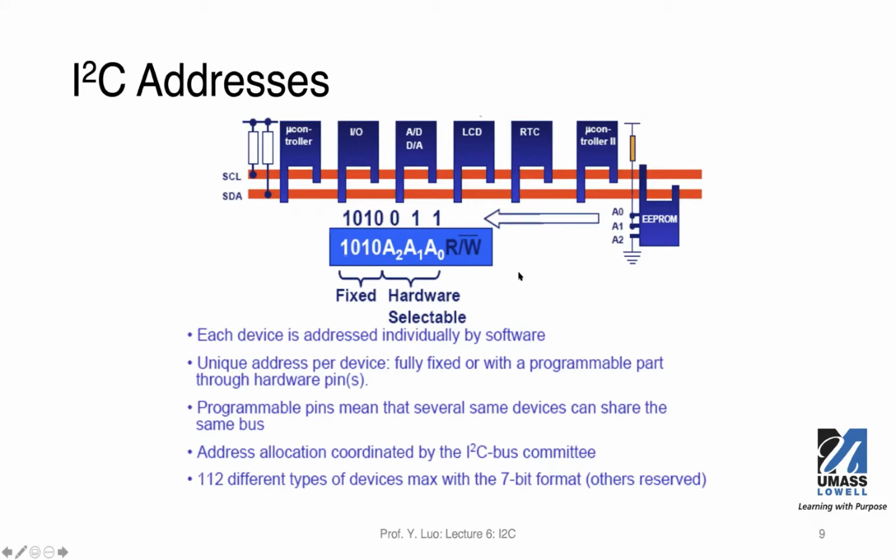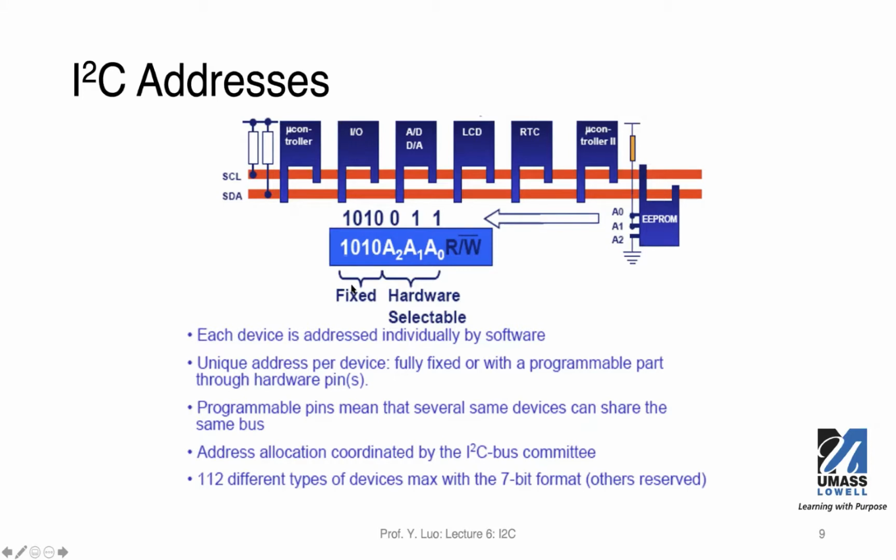Oh no, 1 1 0. Okay, well, I guess you're right, depending on how you read it. So you have A2, because it's grounded, this value should be a 0, and this is 1, this is 1. So in fact, this is the exact address that will be assigned to this chip.